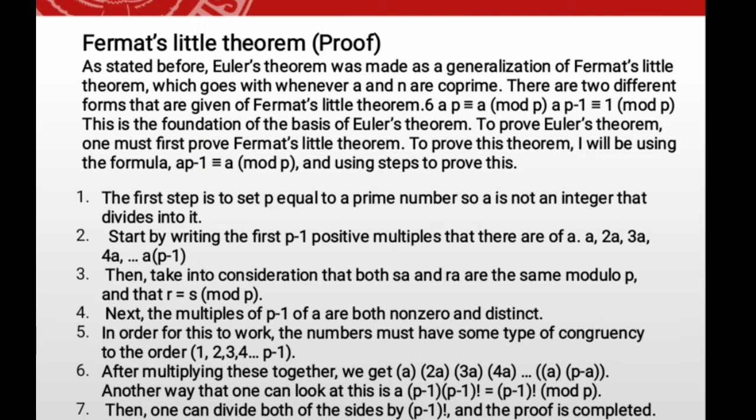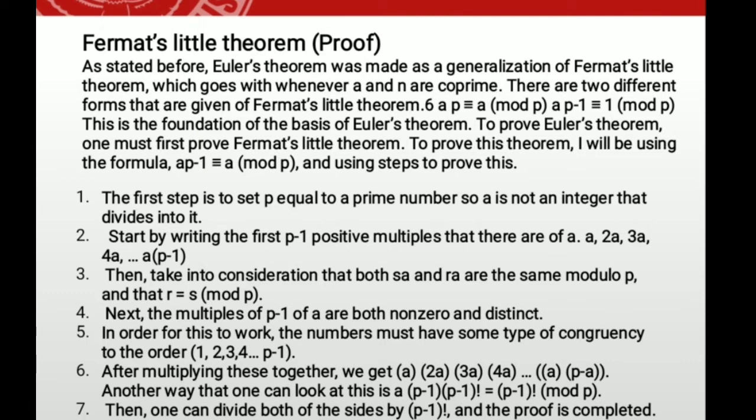To prove this theorem, we will be using the formula a^(p-1) is congruent to 1 mod p, and using steps to prove this. The first step is to set p equal to a prime number, and a is an integer that p does not divide.